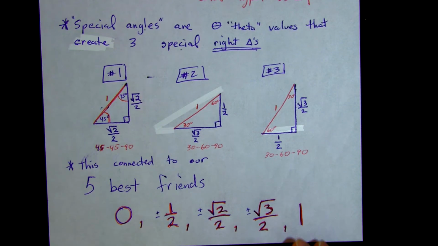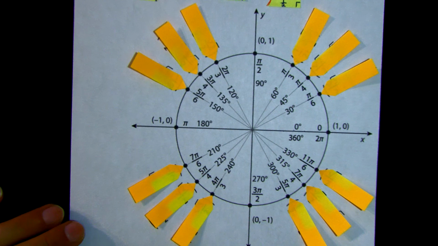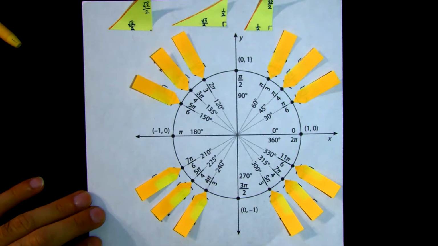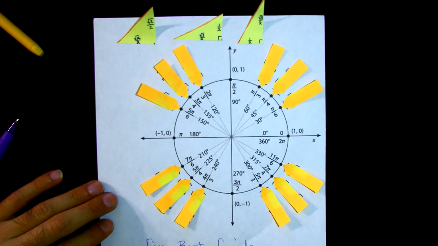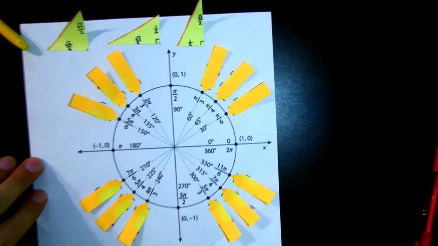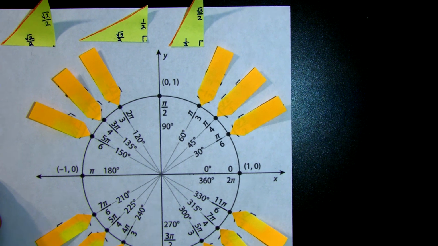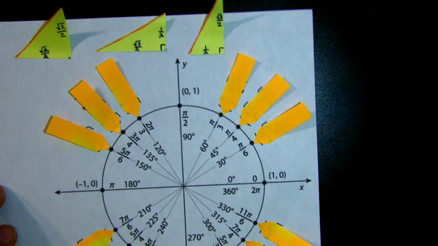So now I want you to look at this with me. Because this is our unit circle. The only thing I've done is cover up the coordinates. And actually, we're going to zoom in on the top half to start. All right.